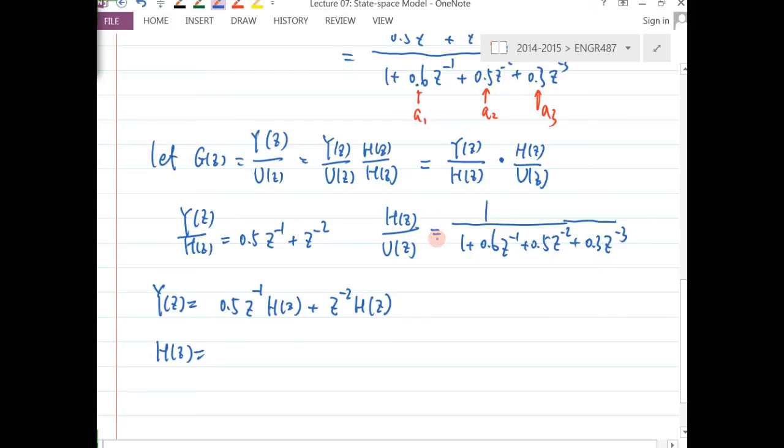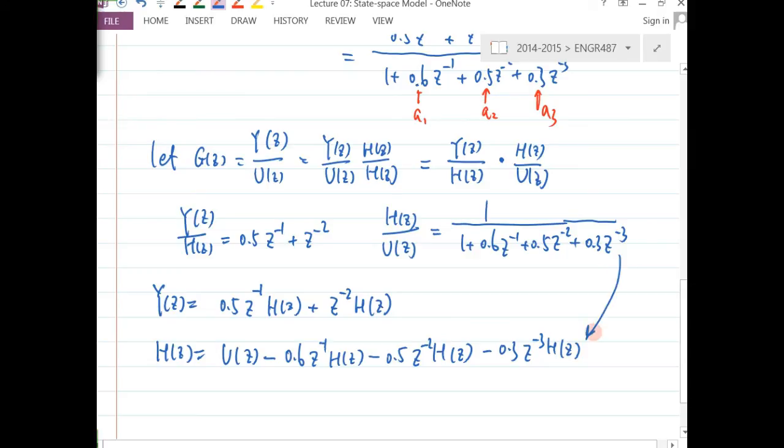So we can move all of h of z and that u of z together, but then single out this 1 h of z here. So we should get u of z minus 0.6 z to the power negative 1 h of z, minus 0.5 z to the power negative 2 h of z, minus 0.3. So this is from here.